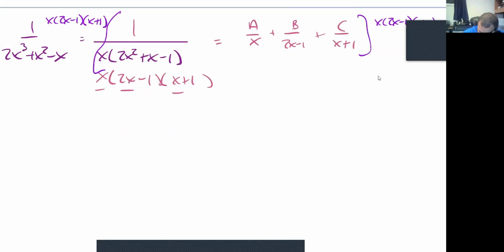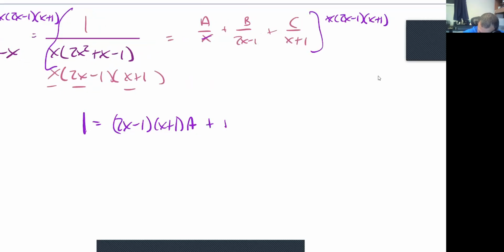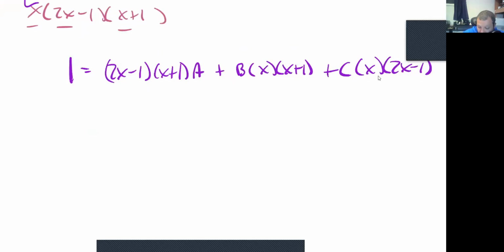We get 1 equals, these x's cancel, so we're left with 2x minus 1 times x plus 1 times a, plus b times x plus 1, plus cx times 2x minus 1. And now the fun begins, trying to find our a, b, and c values.